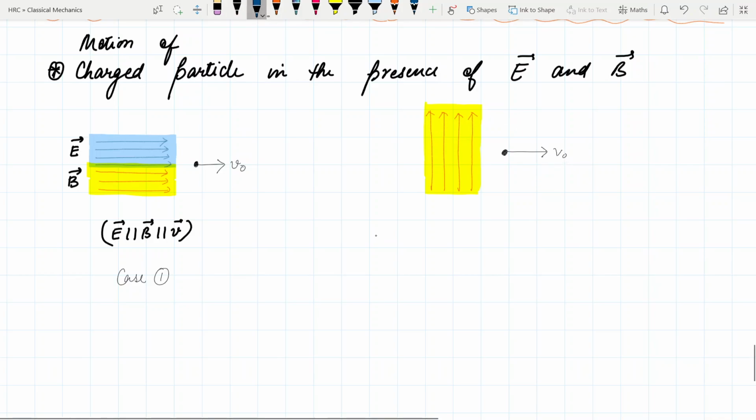This is V0, and this is B. So V0, or V initially, is perpendicular to B. This is case number 2.